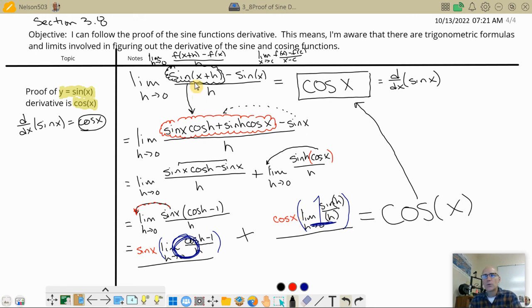Now, the cosine proof, the derivative of the cosine, you could try that if you're a super advanced student. So let's say you had a g of x function, and that g of x function was the cosine of x, and we wanted to get the g prime of x. I want to see if anybody's willing to prove that the derivative of cosine x is equal to the negative sine x.